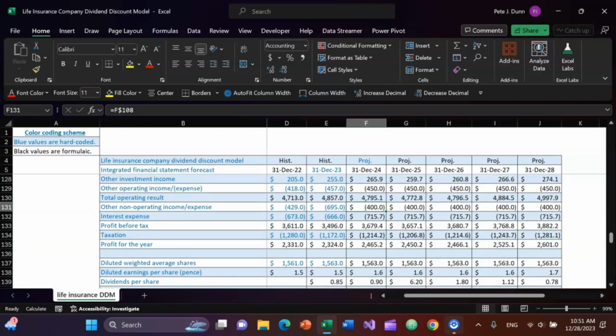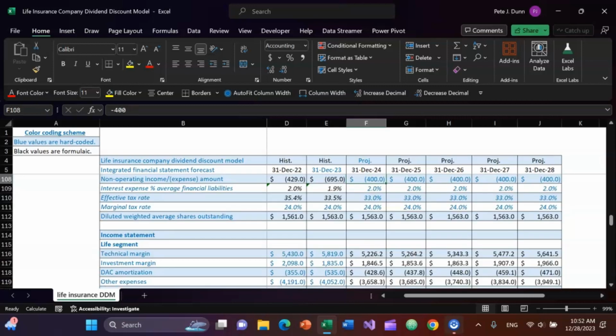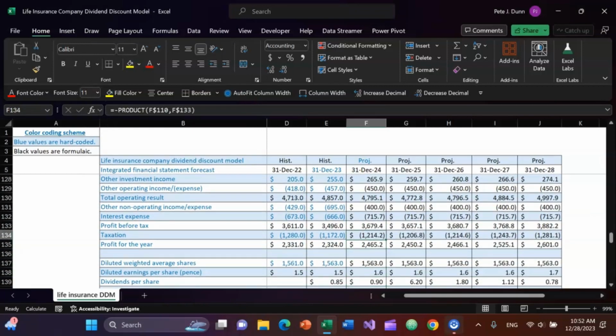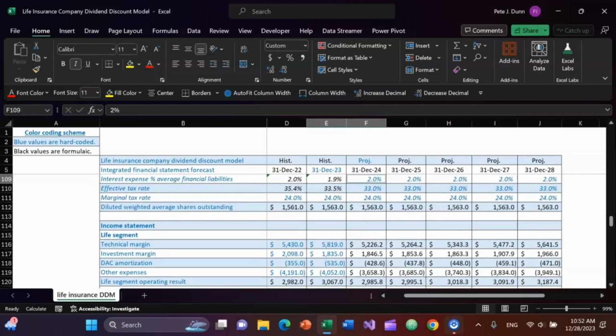Then you've got other non-operating expense. That's assumed to be $400 per year. Control left bracket, and you can see I had built that assumption in. F5 enter. Interest expense is based on the interest rate times the average of the debt balances built into row 86. So control left bracket.